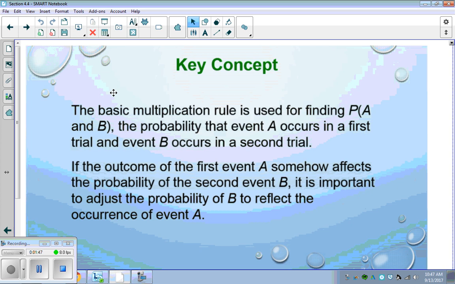Diamonds, spades, hearts, and clubs. Okay? And say that I wanted you to randomly select one card from that deck, and I want to know the probability of getting a club and a club.